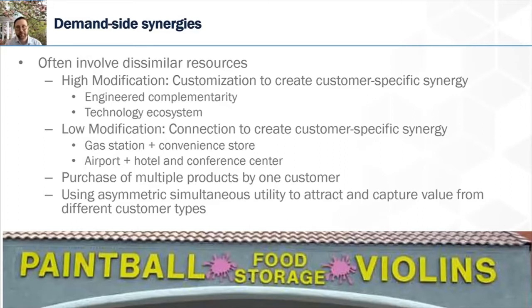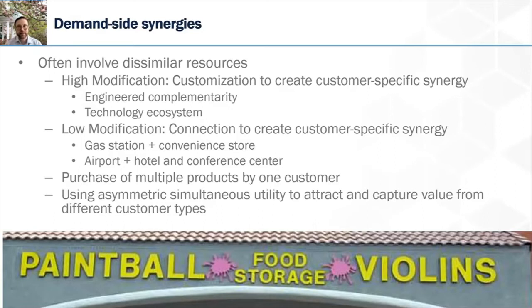Another common example of this, which many of you may experience once you begin your jobs, or maybe you've realized this already, is the co-located airports and hotels and conference centers. So that also increases customers' willingness to pay, typically when those customers are businesses and doing business meetings.